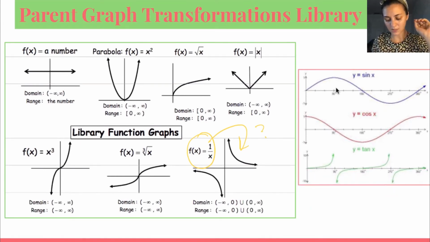Or if you forgot the difference between sine and cosine, you should maybe copy down this library of graphs. It'll just come in handy for you to be able to recognize an equation and know, hey, I know that equation looks like that. I'm good. Okay. So let's do an example on transformations.